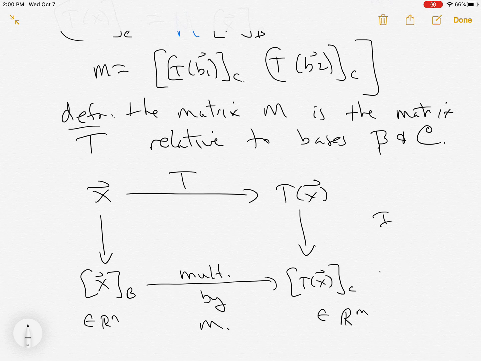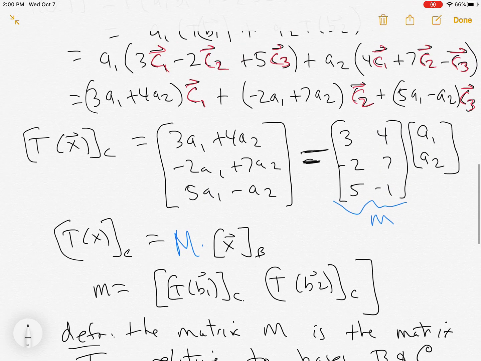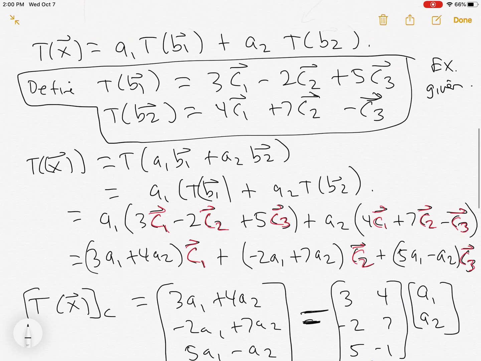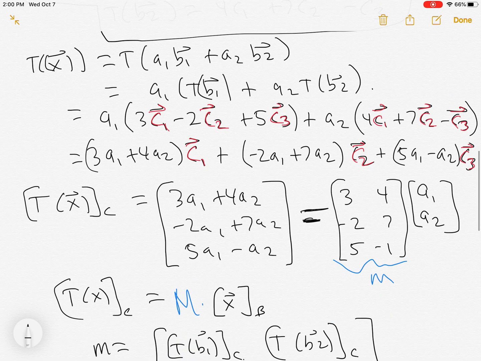And if V equals W, then we're back in section 4.4 with the relative change of bases. All right, so that's pretty cool. All we really need to do is pluck off the coefficients of the transformation, and that becomes the columns of our transformation matrix.